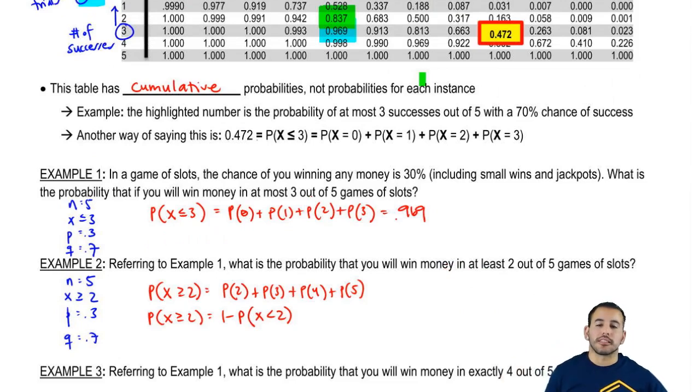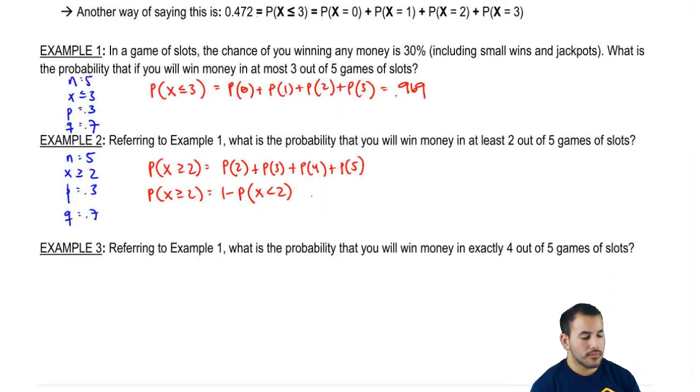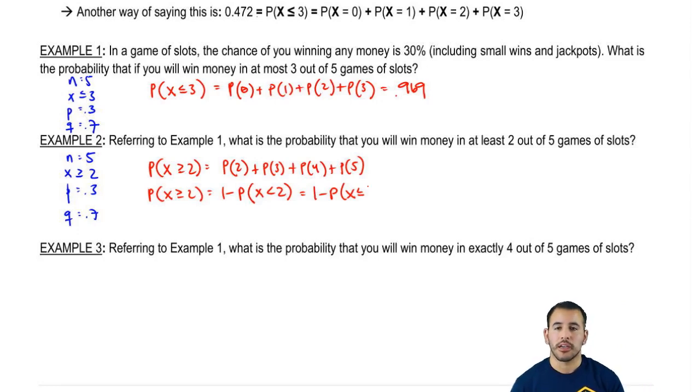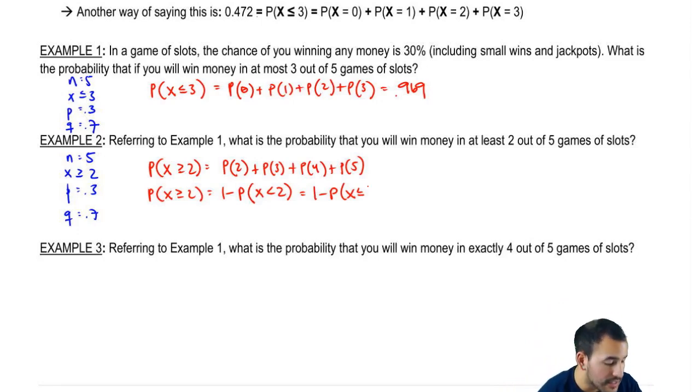So what numbers are less than 2? Right, so we're basically just transforming that less than 2 into a less than or equal to some number. So less than 2 wins, we have 1 or 0, right? So another way of writing the probability that x is less than 2 is x is less than or equal to 1. Now we're good.